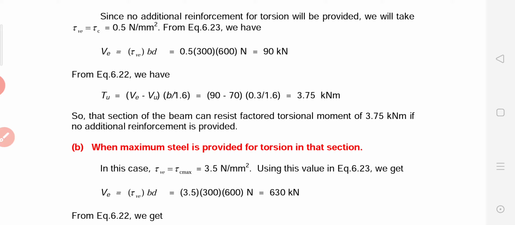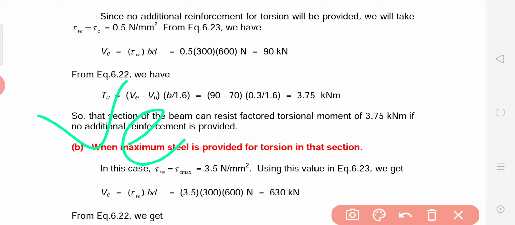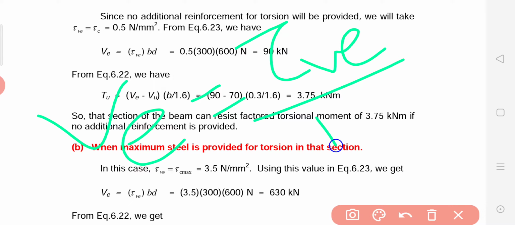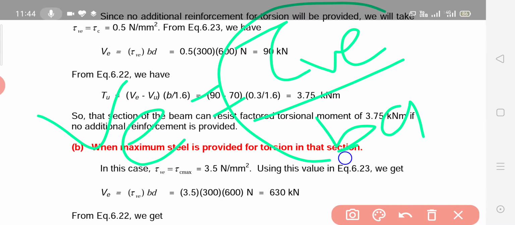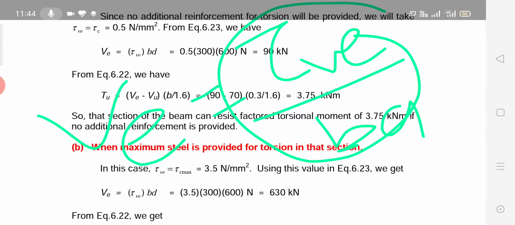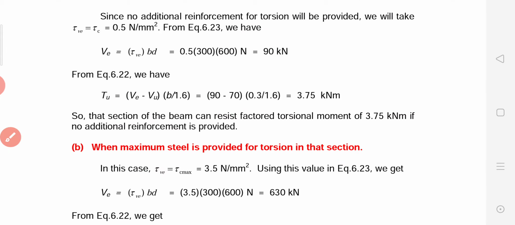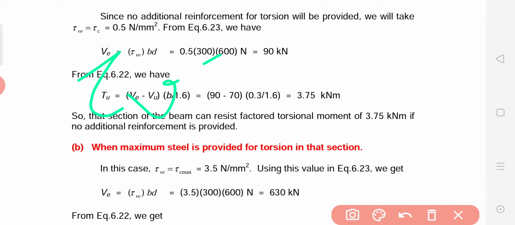From the equation we find the value of Ve. The formula is tau v equal to Ve upon bd.